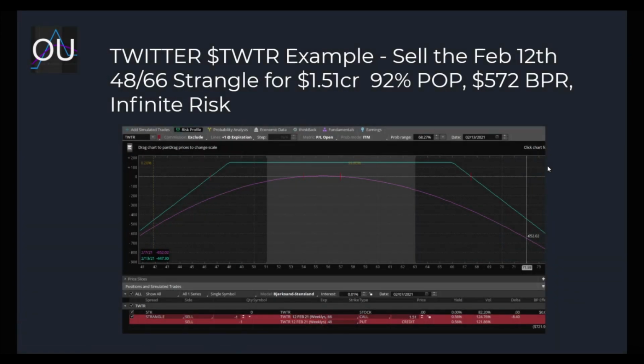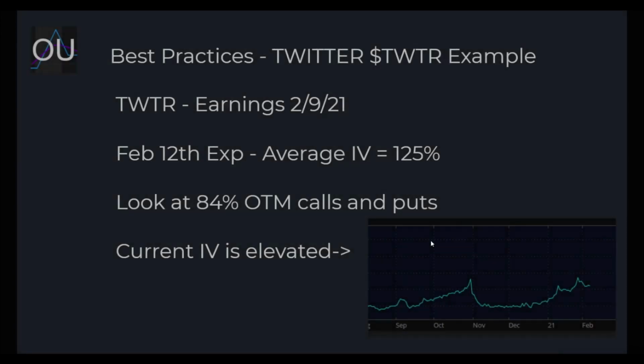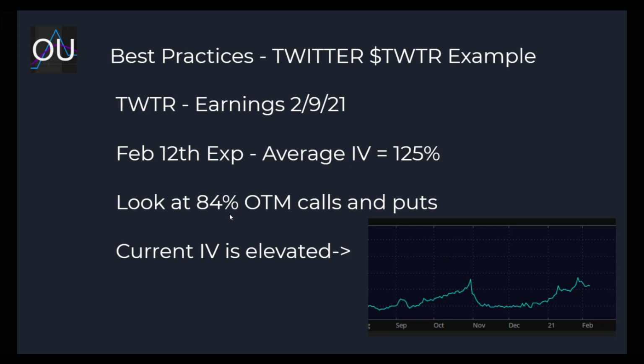One thing to note about the 84%, if we go back a slide, we typically look at the 84% out of the money calls and puts because of the 1 standard deviation move, you have a 68% chance of a stock closing within that 1 standard deviation.